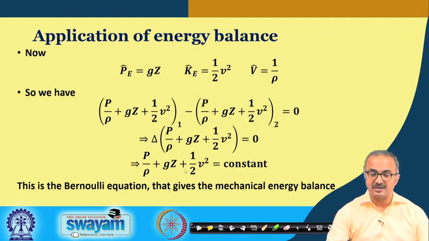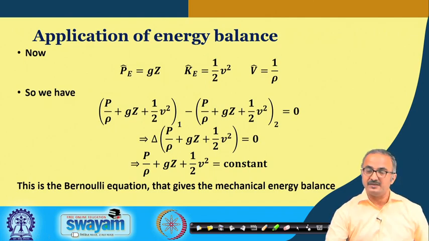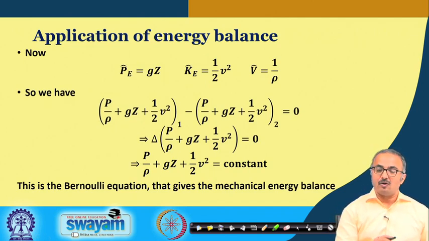Okay. Now, second thing is this, there could be various representations of the Bernoulli equation. One representation can be, we divide the whole expression by g. So, if we divide it by g, we get P by rho g plus Z plus V square by 2g. Now, what it means is that all the terms will be in some kind of a length dimension.